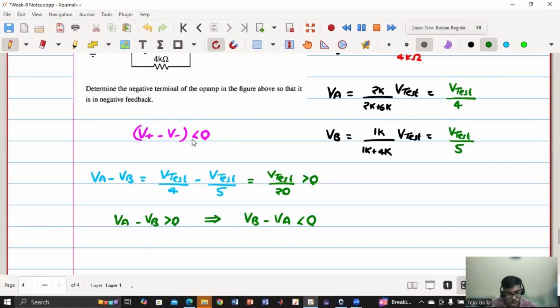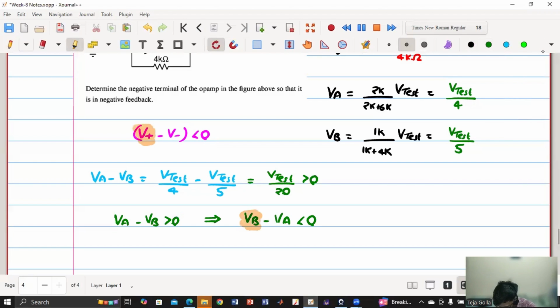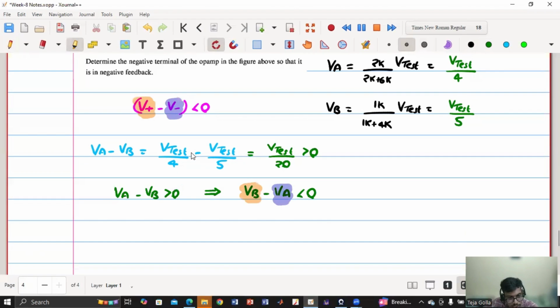So now I'll correlate these two. If you see, V plus and VB are same. And also, if I change the color, V minus and VA are same, right? Agree? These two are now fitting, because I need V plus minus V minus to be less than 0.